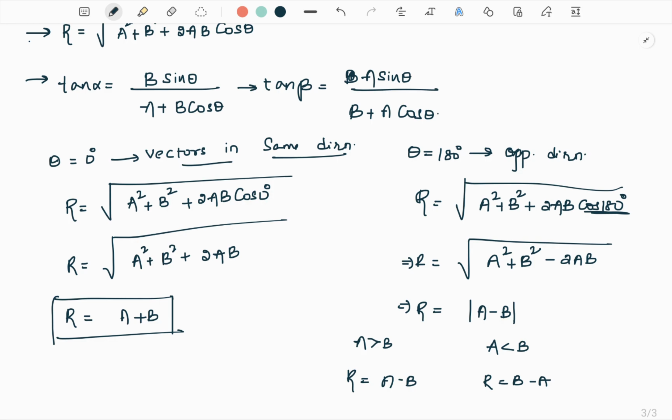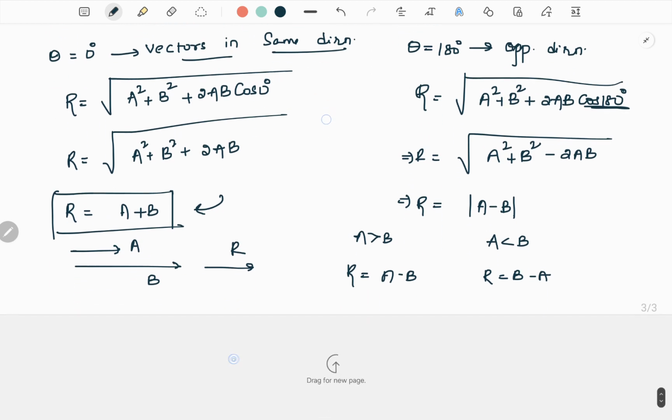And what about the direction of these resultants? When we are dealing with two vectors in the same direction, if both a and b are in the same direction, then the resultant would also be in the same direction.